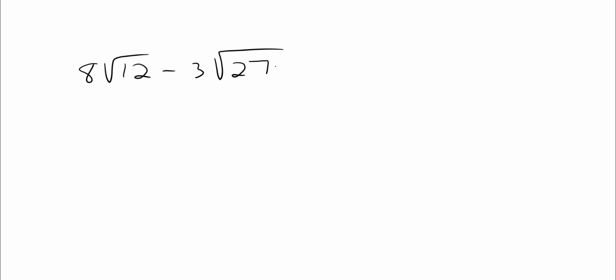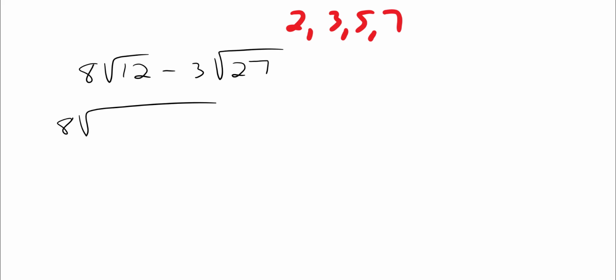I'm going to write these on top here: 2, 3, 5, and 7. 12 is 4 times 3, and 4 is 2 times 2.